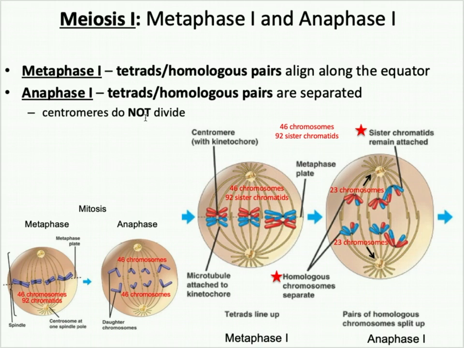And then in metaphase 1, you're not really doing anything with these chromosome numbers or the sister chromatid numbers, so they stay the same. You're basically aligning these pairs of homologous chromosomes on the equator in the middle of the cell, or that metaphase plate.